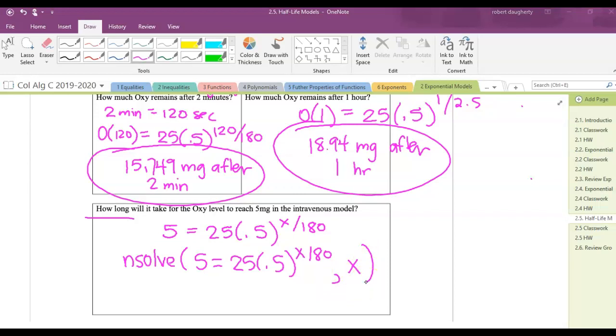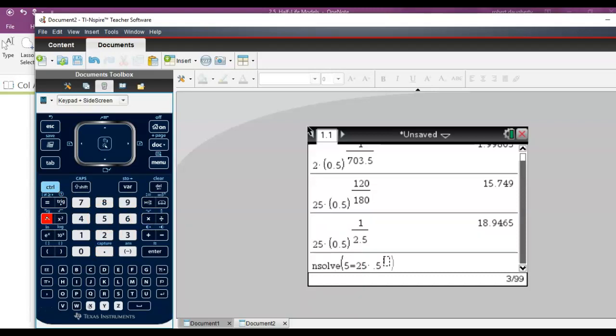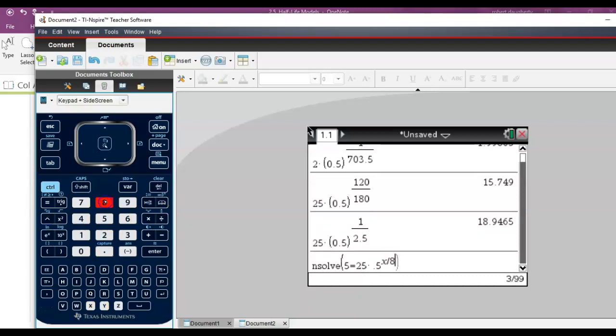So if we do that, I've got nsolve, and so I've got 5 equal 25 times 0.5 raised to the x divided by 180, and then comma x.